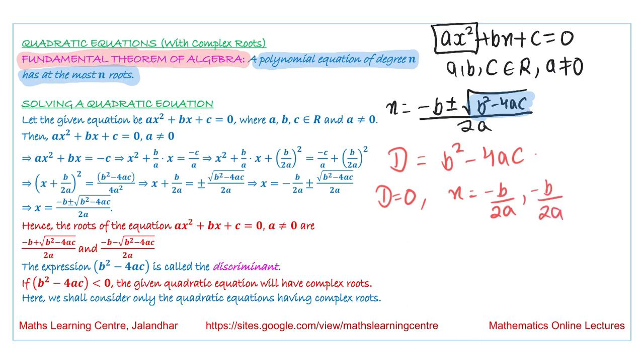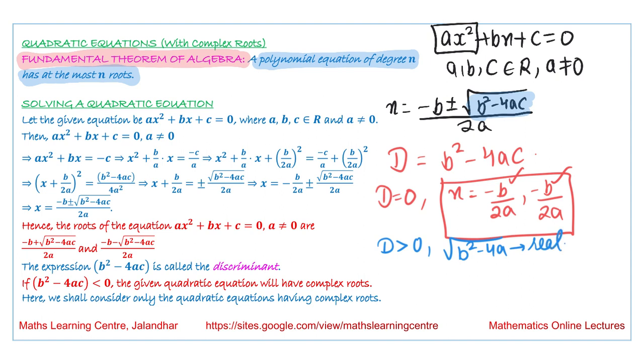It is a quadratic equation, so it will have 2 roots. It has repeated roots and the roots are minus b by 2a. Next condition, when D is greater than 0, then square root of b square minus 4ac will be a real number. And the case when D is less than 0, in that case square root of b square minus 4ac will be a complex number, and the quadratic equation will have complex roots.